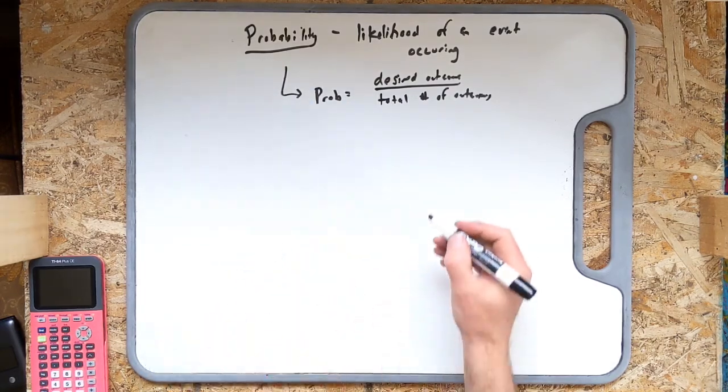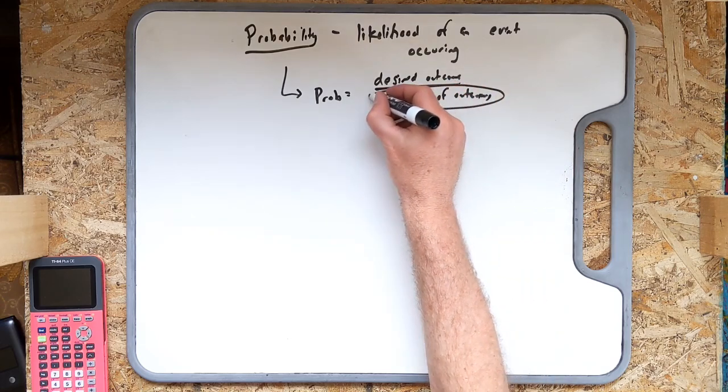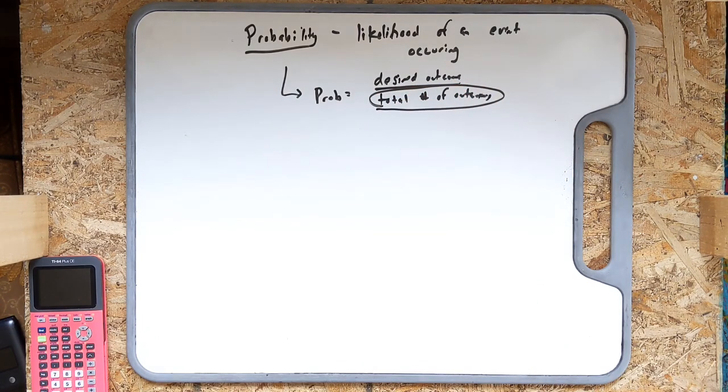Now what we're going to spend today doing is focus on the denominator, the total number of outcomes. When we do probability, we also talk about the numerator, but today we're just going to talk about the total number of outcomes. The way you calculate the total number of outcomes is by using what's called the fundamental counting principle.